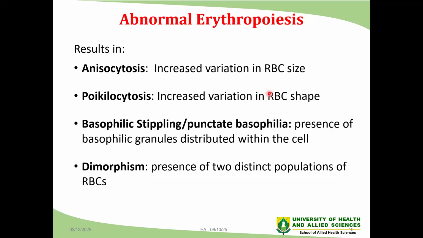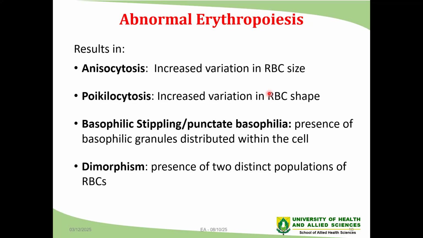All right. So the four things that we did mention are going to result in something we call anisocytosis. Anisocytosis here means that you are going to have red cells that vary in their sizes. Another thing that could happen is poikilocytosis, in which case the red cells will vary in their shape. There'll be a deviation from the normal biconcave disc shape.